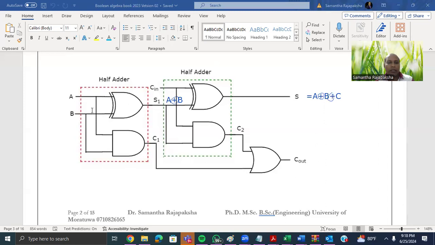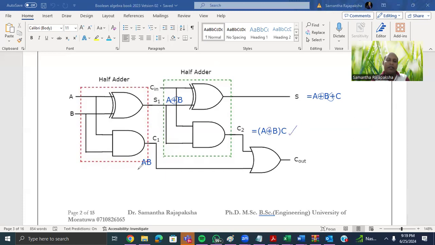Then this one is actually, you can see it is AB, multiplication AB. This one is S1, A exclusive B with addition actually. Here you get C. So therefore, this should be equal to A exclusive B that should multiply with C. And then those two should be added.